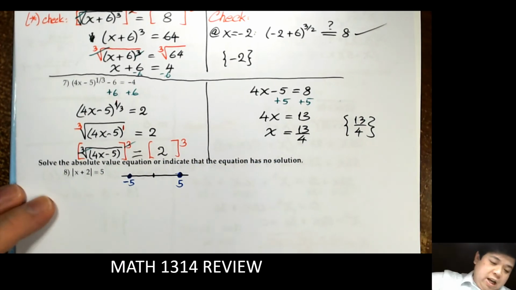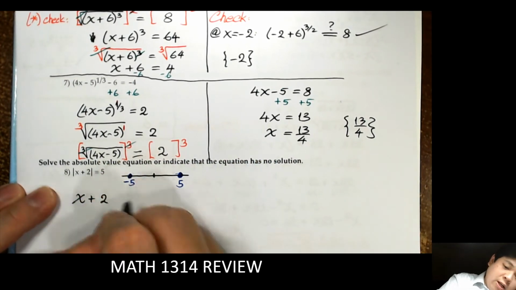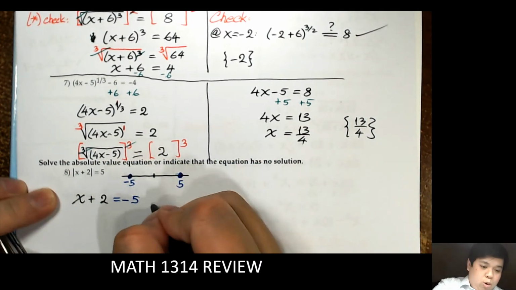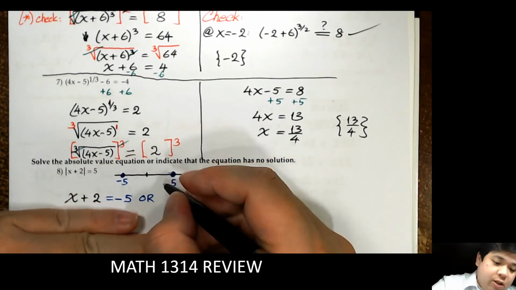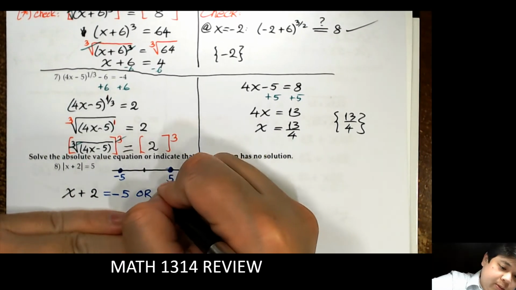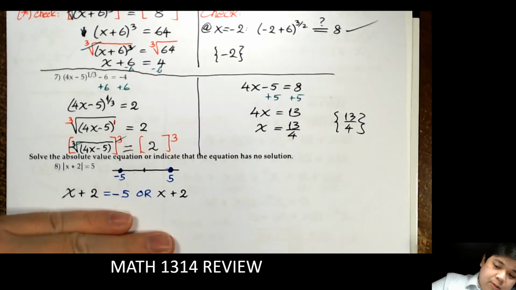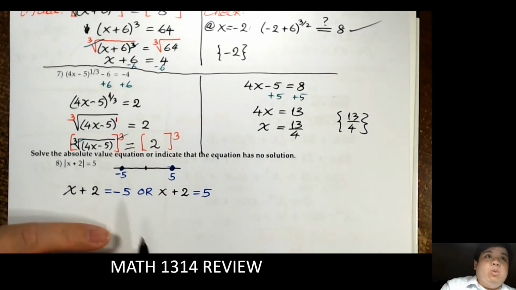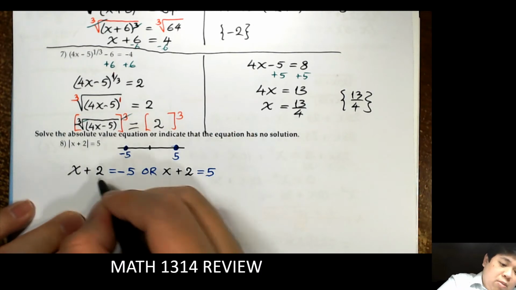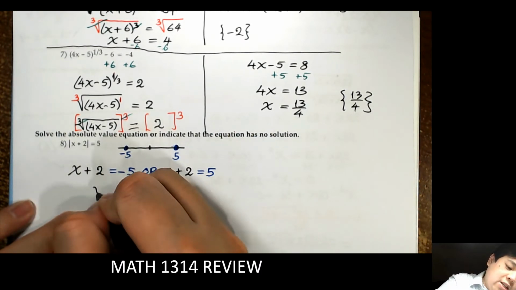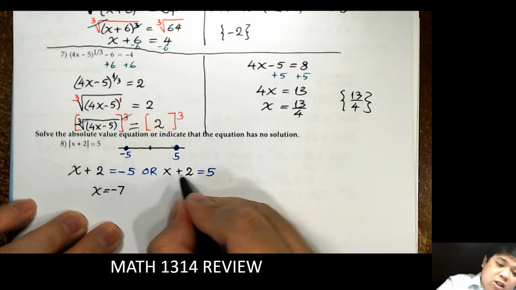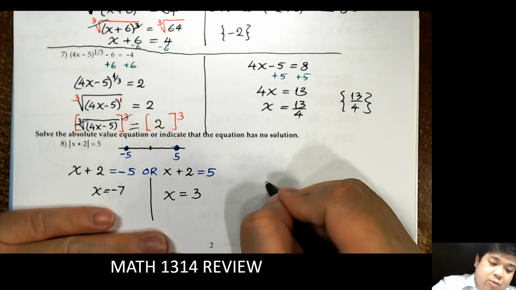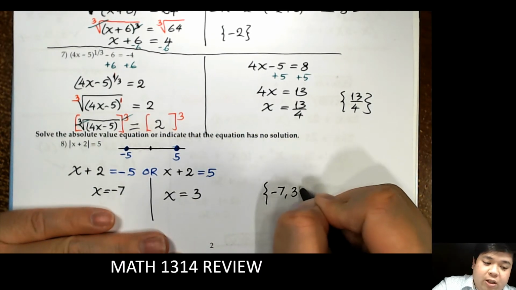Also we say x plus 2 equal to the negative number, or x plus 2 equal to a positive number. So that's where we have the absolute value equation. Minus 2 on both sides, we have x equal to negative 7, and minus 2 on both sides, we have x equal to positive 3. So we have 2 solutions, negative 7 and 3.